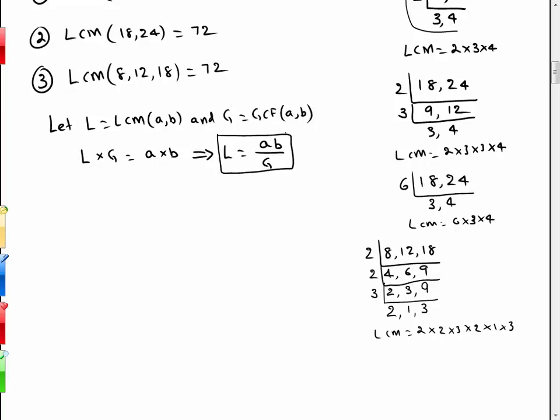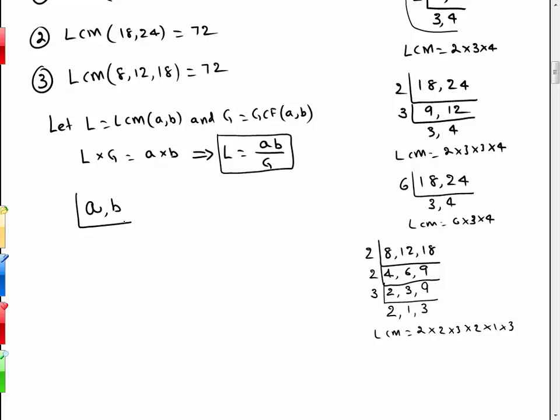Now let's demonstrate this with our method. In our method, we say A and B, and then we ask, is there a number that goes into both A and B? Well, the fact that G is the greatest common factor, G must go into A and B. That's why we call it the greatest common factor.